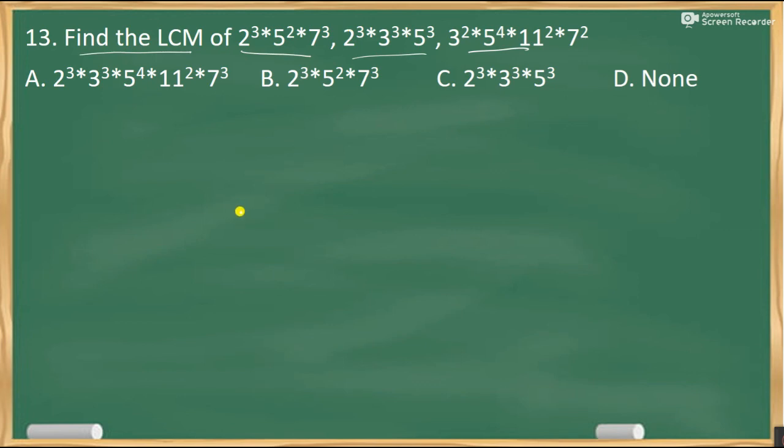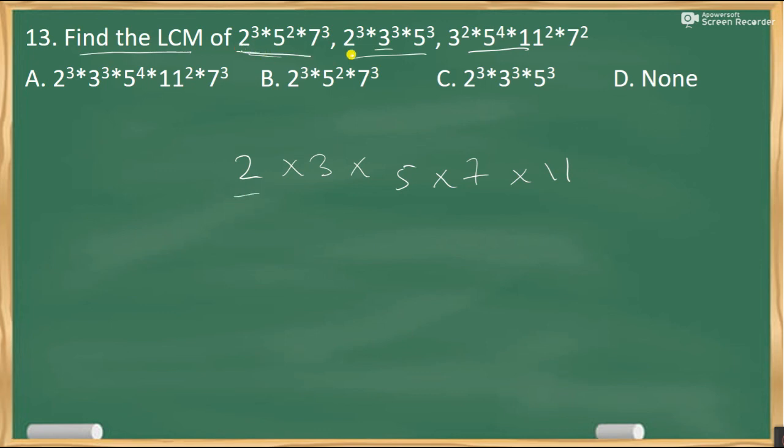The LCM can be easily found by taking all the bases with the highest power available. So take all different bases. So I have 2, 3, 5, 7, 11 and write the highest power available.